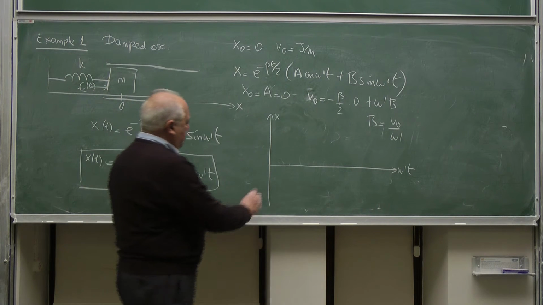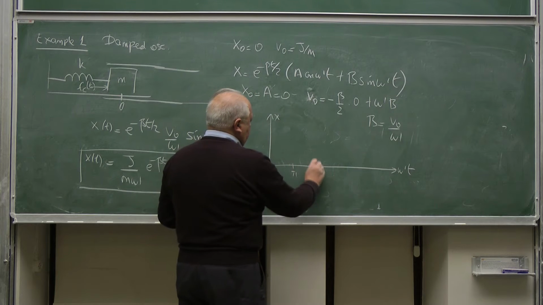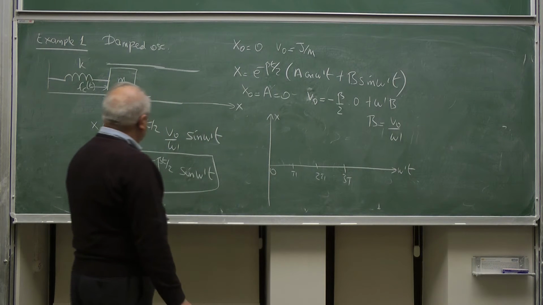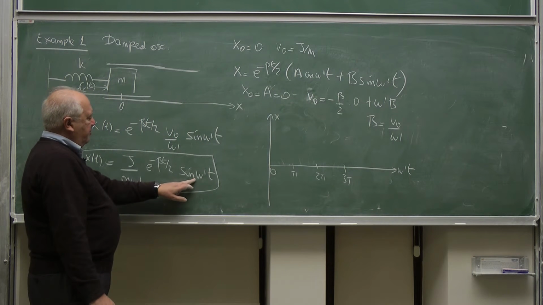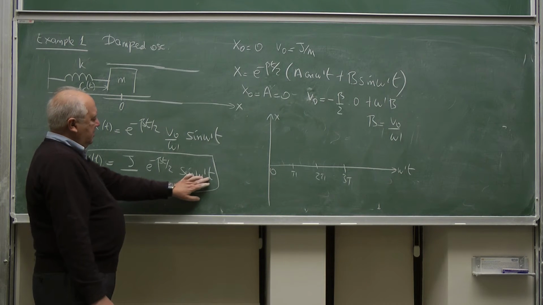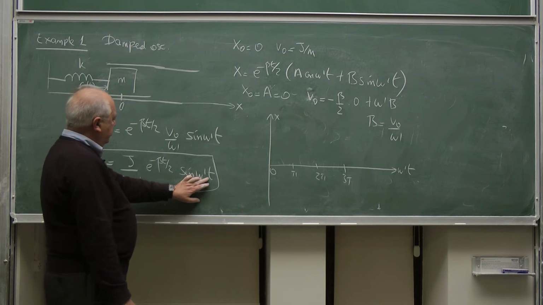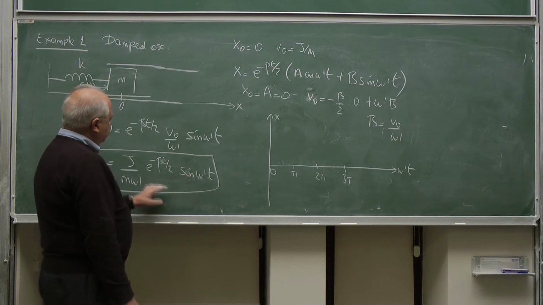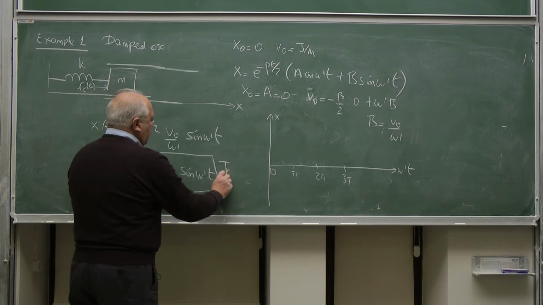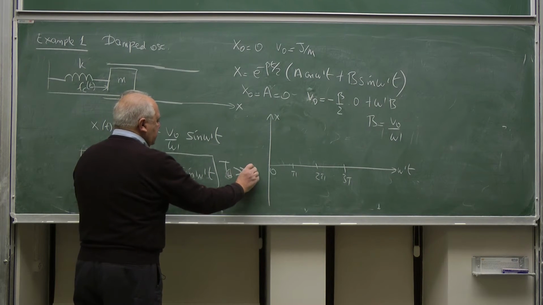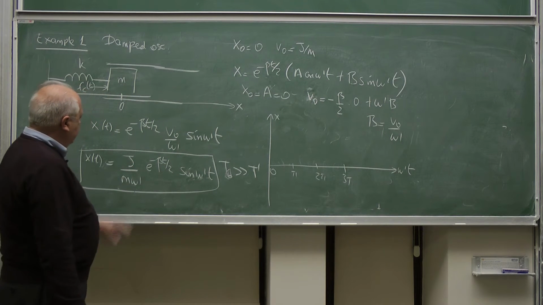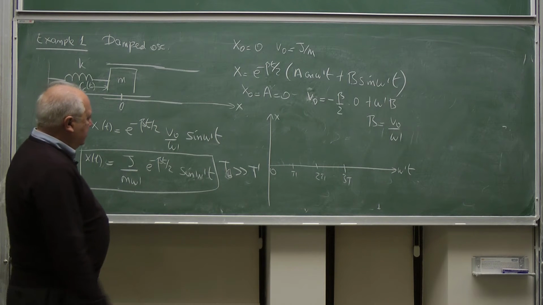At every multiple of pi, 0, pi, 2 pi, 3 pi, etc. So it starts from 0 and when omega prime t is pi over 2, for example, since beta is very much smaller than omega prime, initially this exponential is just like 1.